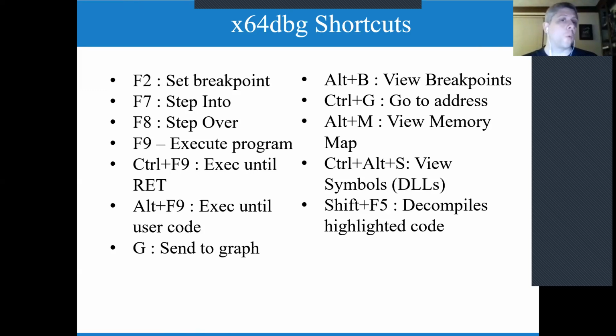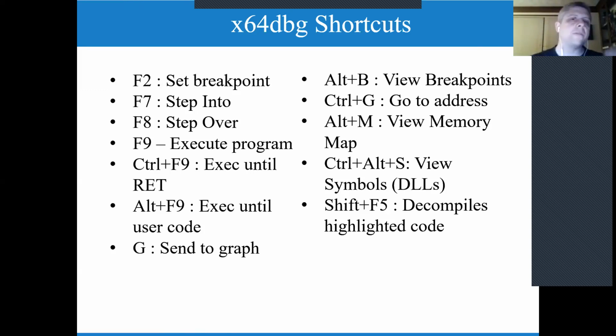Now, if you want to go one instruction at a time, that's when you use F7 or F8. F7 and F8 will execute one instruction at a time so you can see them. But they each do something a little bit differently, and they really come into play when you get to a call instruction, which is calling a function.